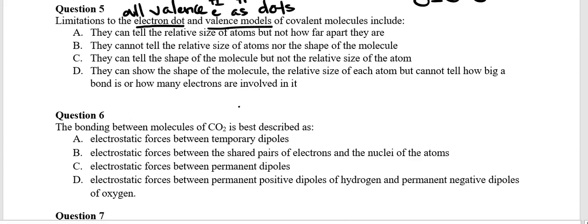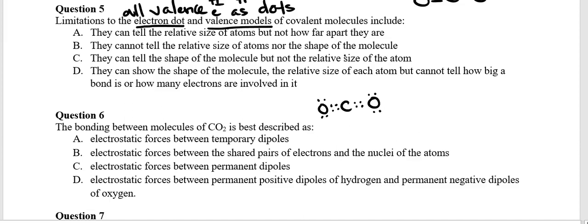Let's use something as an example. I drew CO2 just before. If I draw the electron dot of CO2, then it will look like this. You have to show all of the valence electrons of all of the atoms as dots.